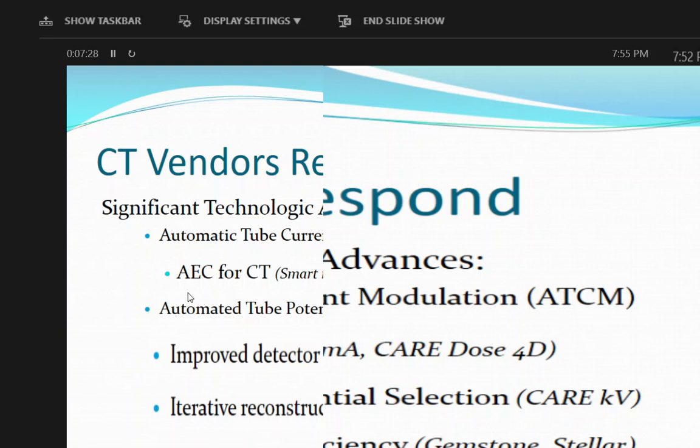There's also AEC. You guys are used to AEC for X-ray. There's AEC for CT. There's also Smart mA, Care Dose. There's much improved detector efficiency now. There's dual energy CT, there's iterative reconstruction, all things we're going to go over, but I just wanted you to know that the vendors are aware that people are freaking out about dose, and there are lots of things they have done to help decrease dose.